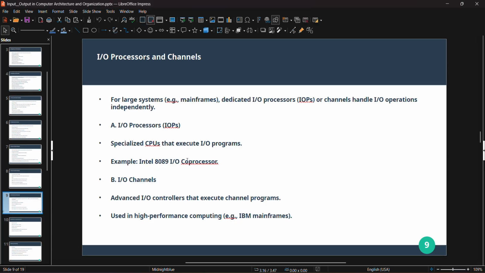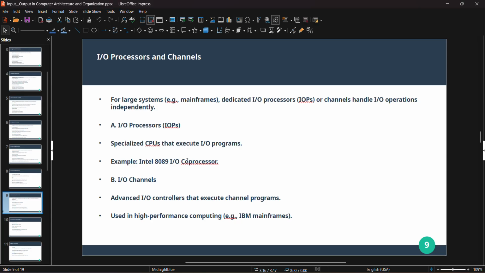The input output processors are specialized CPUs that execute input output programs. Just as every processor executes programs, but this is for the input output. So they execute input output programs. An example is the Intel 8089 input output coprocessor.